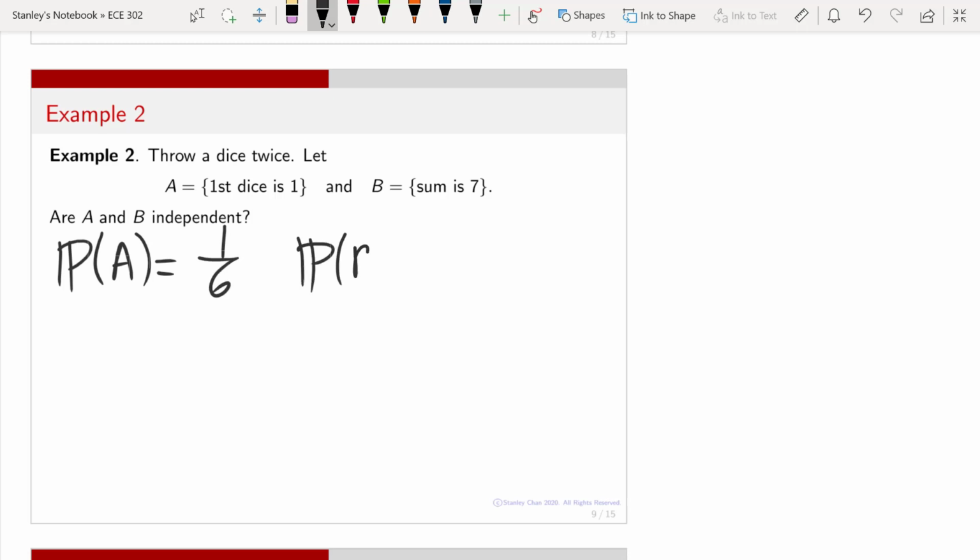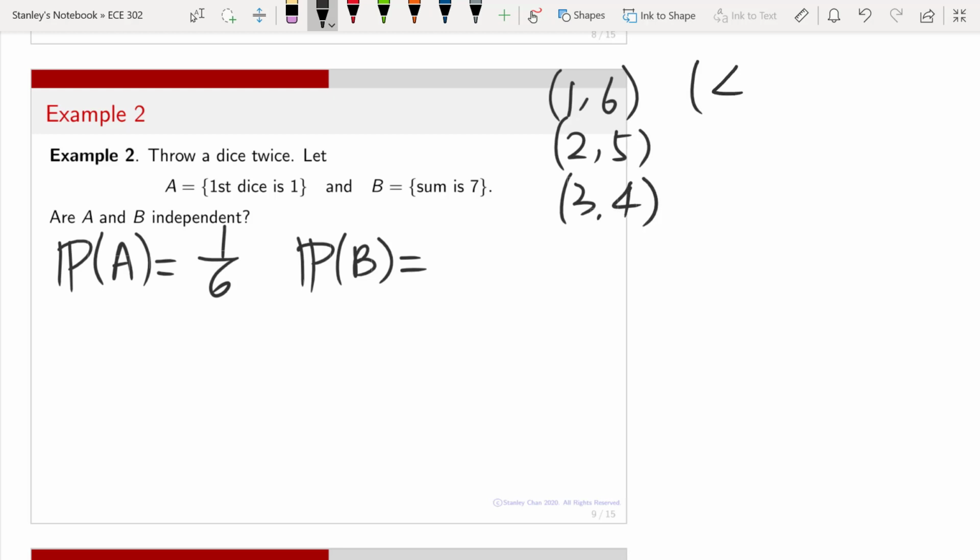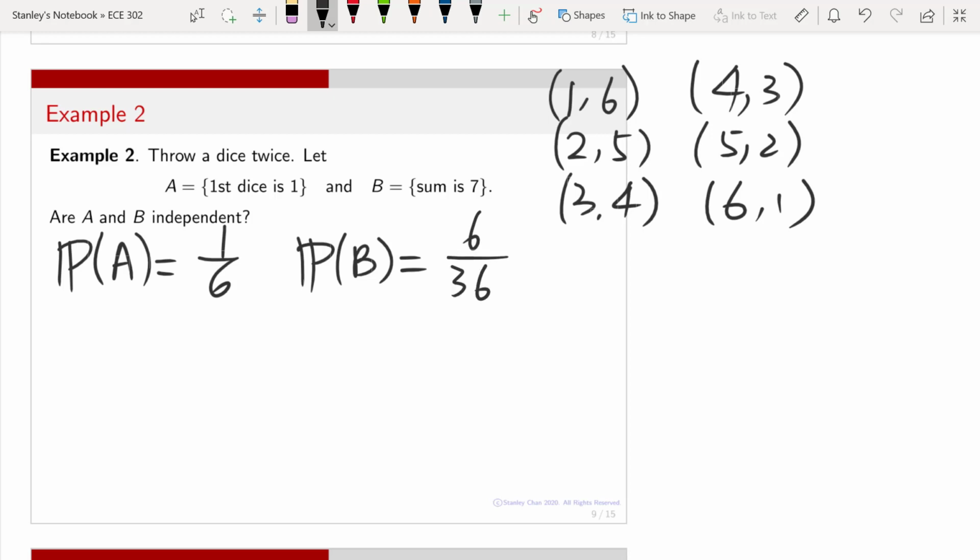The probability of B is, well, we need to enumerate all the possible cases of getting 7. That will be 1,6; 2,5; 3,4; 4,3; 5,2; and 6,1. So in order to get 7, I have 6 out of 36 options.